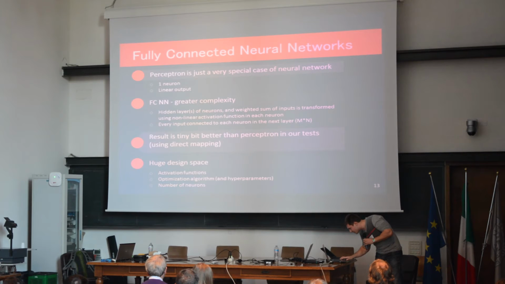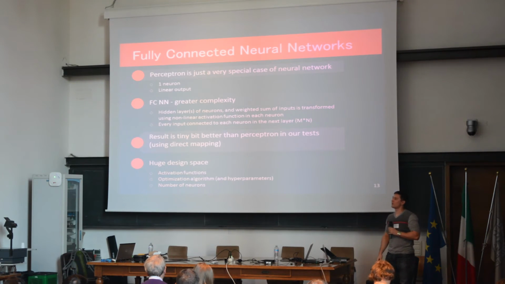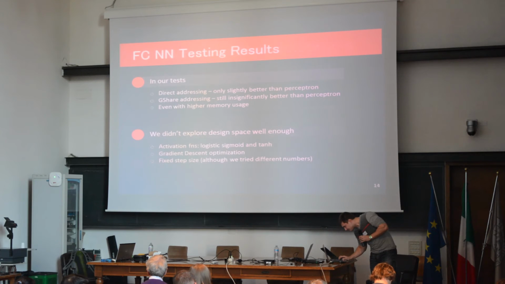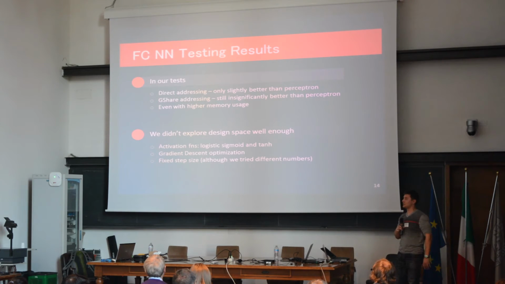Yeah, and in our tests, actually, the neural network was only slightly better than a single perceptron. So in direct addressing, it was only slightly better. In G-share addressing, it was actually even worse sometimes. Well, not slower, but less accurate.